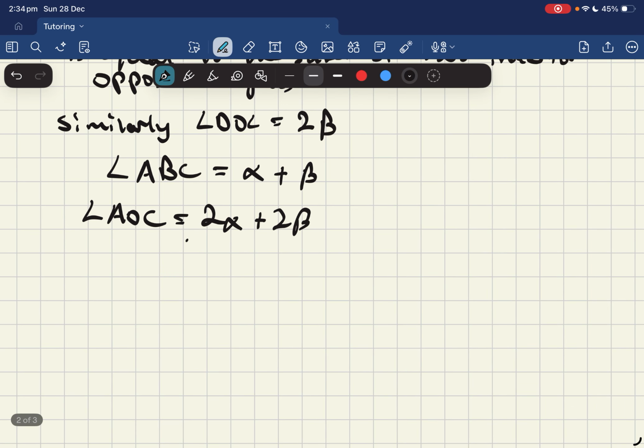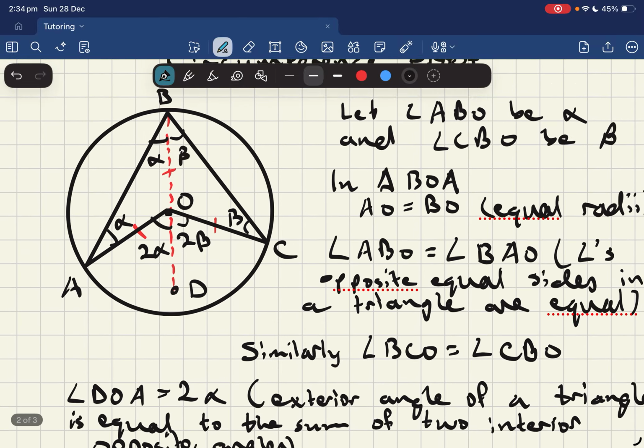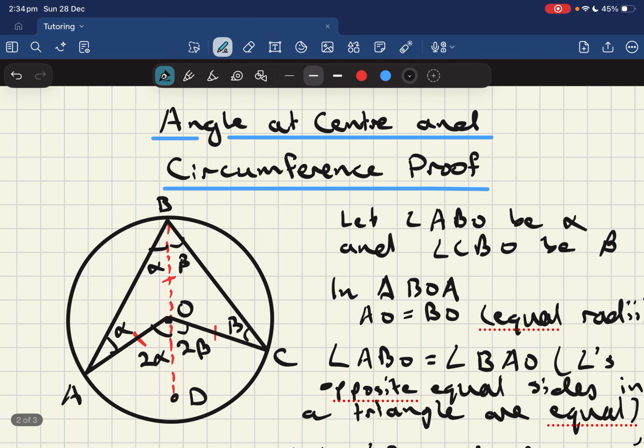So, doing a little bit of algebra, we can factor out this 2 as a common factor. And we can see that AOC is 2 lots of alpha plus beta, which is the angle ABC. So this equals 2 lots of our angle ABC. So we have therefore proven that the exterior angle here, AOC, this guy, is twice the interior angle.